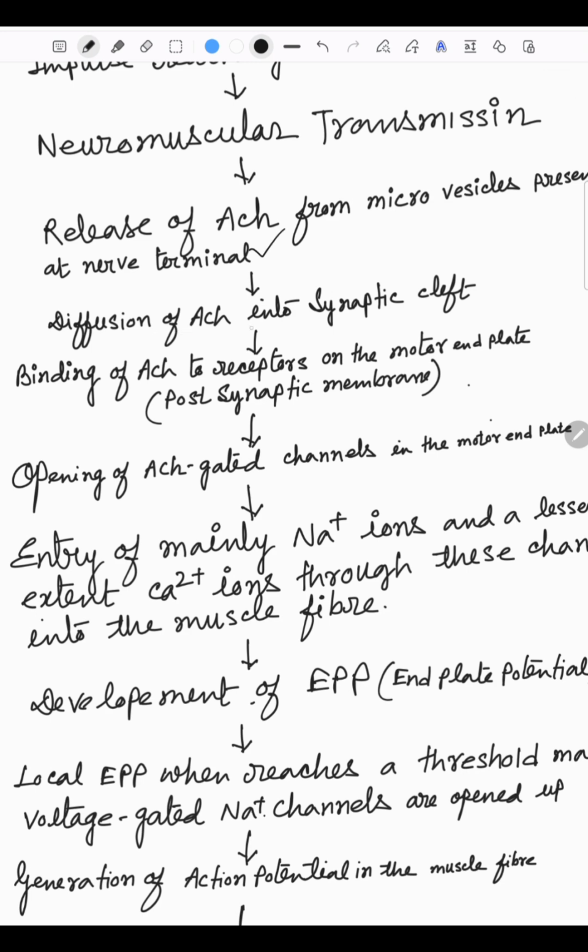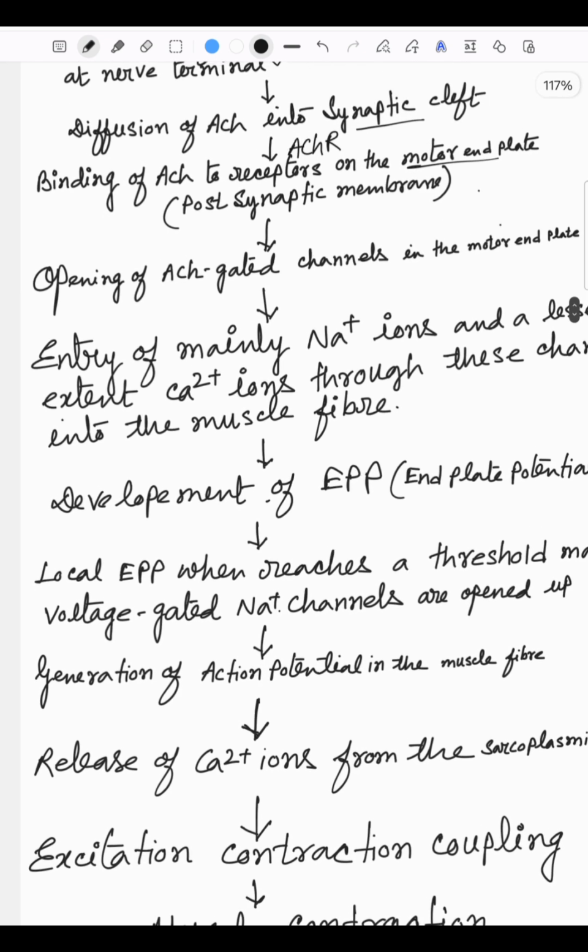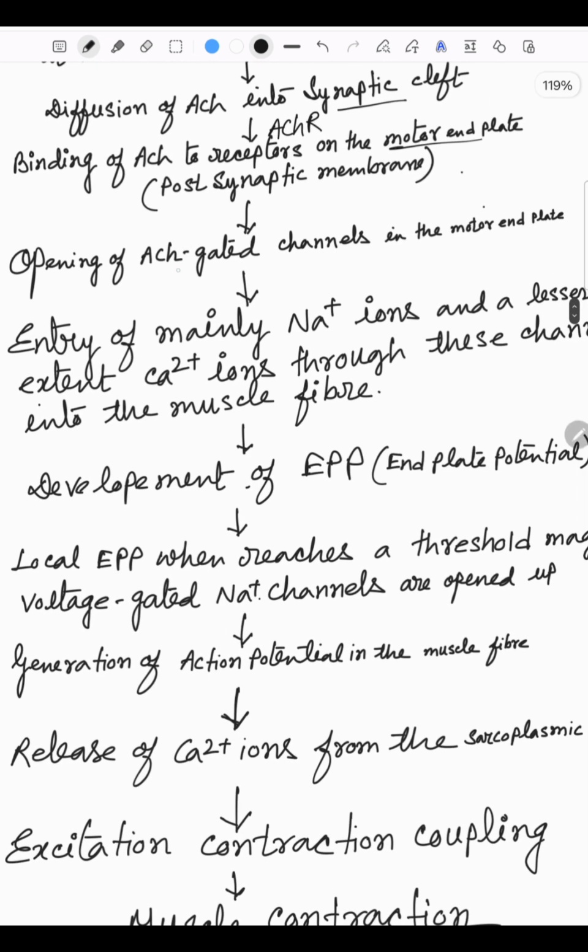Then the diffusion of acetylcholine into the synaptic cleft and the binding of acetylcholine to the acetylcholine receptors. These are the acetylcholine receptors on the motor end plate. Motor end plate means the postsynaptic membrane of a muscle, and then the opening of acetylcholine gated channels in the motor end plate in the postsynaptic membrane.